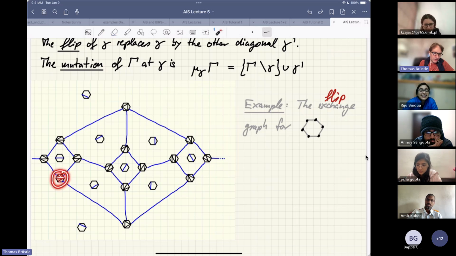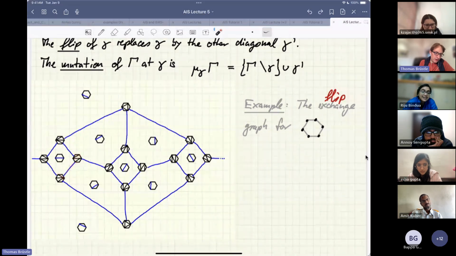I take these three internal arcs. This is a triangulation. Then I could flip the lower arc to this one. Then I did a flip, a mutation. I can flip the upper arc to that one. This was a mutation. I can, in that situation, flip the lower arc, or no, the upper arc, and so on.